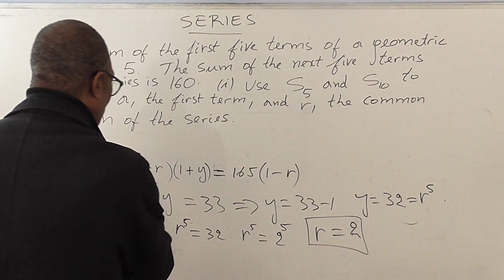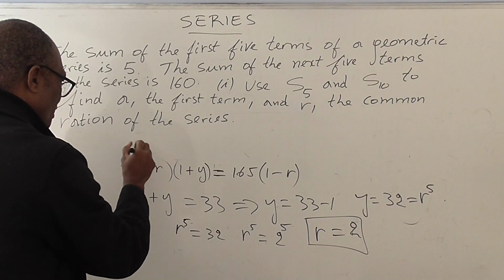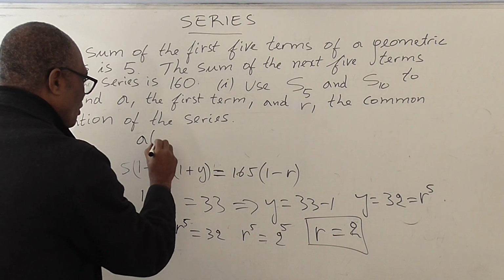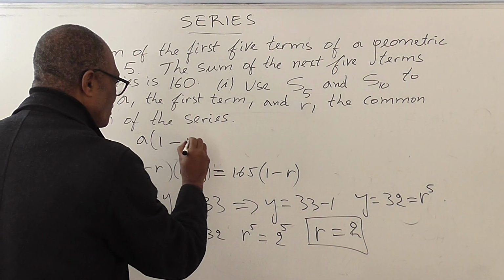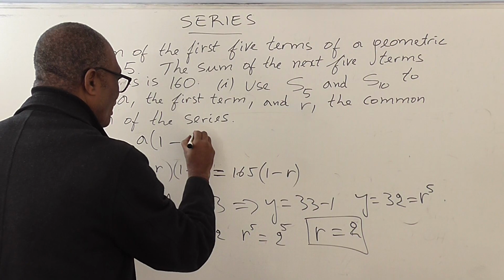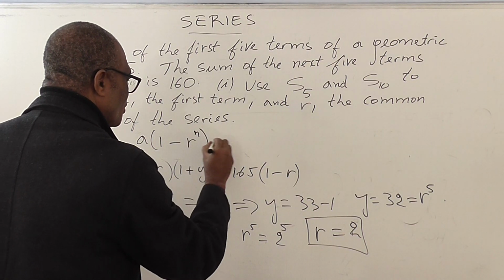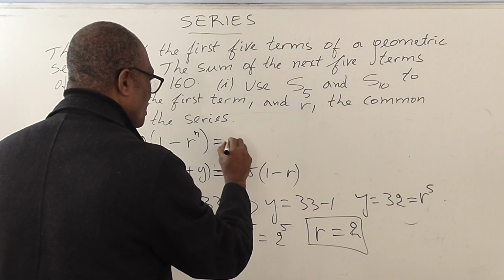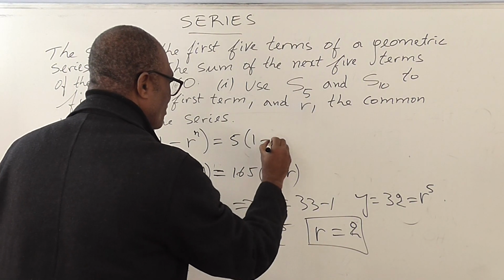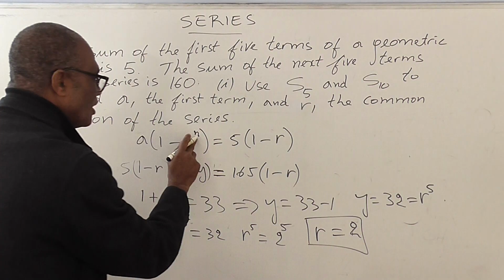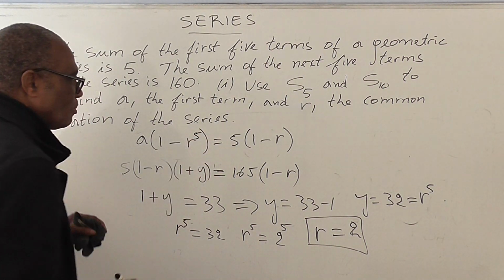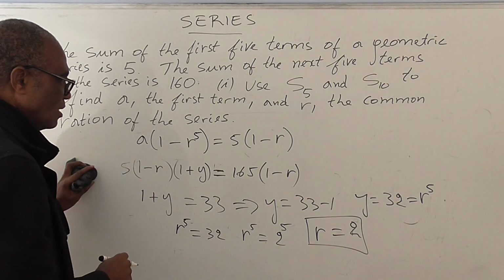It was A bracket 1 minus r to the power n was equal to what? It was equal to 5 bracket 1 minus r. And here the power was 5, remember. So okay, we had this.